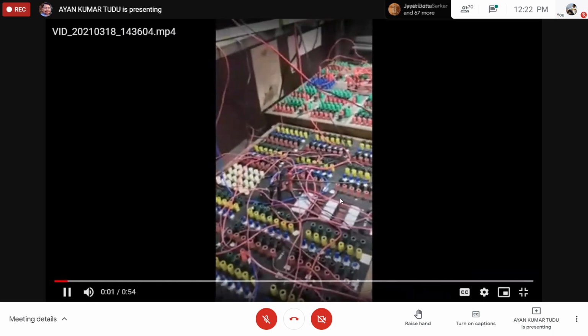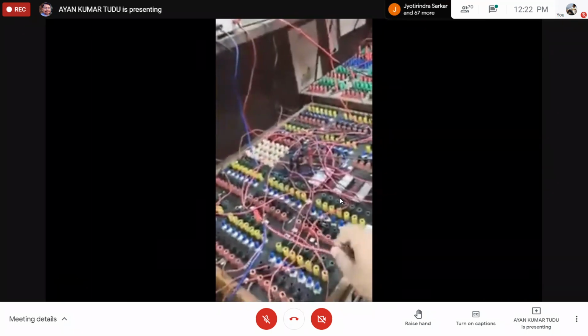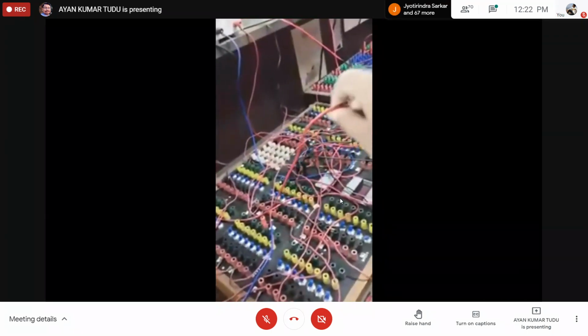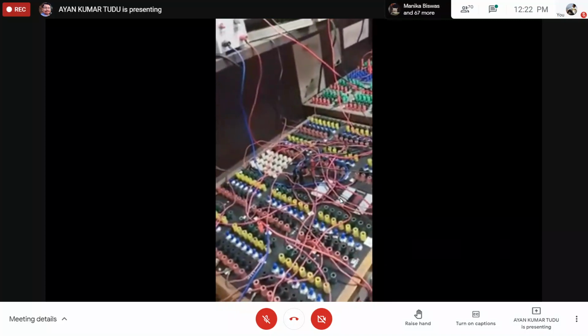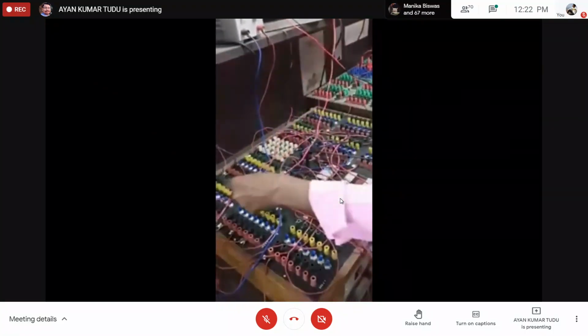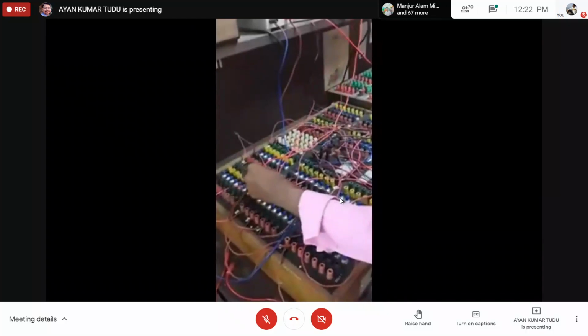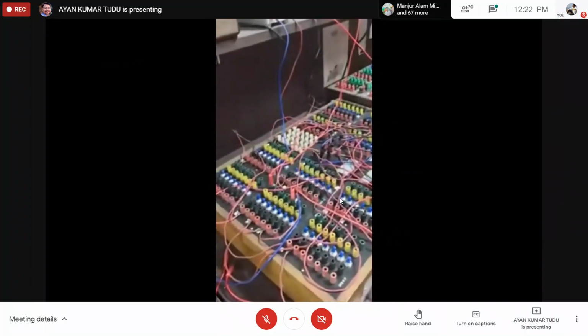Okay, so we are starting with both end feeding. Let's start. First of all, we are measuring the voltages, that is VPA.